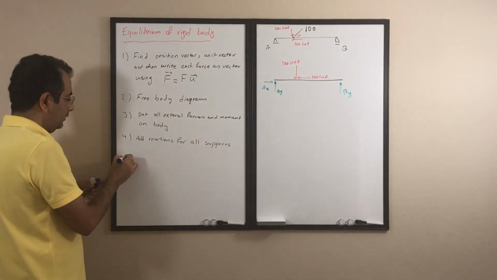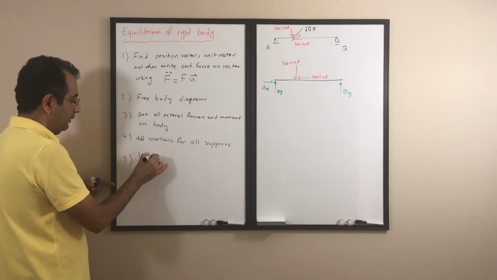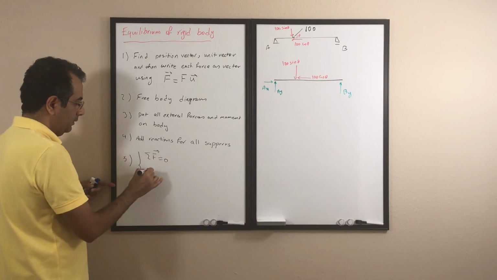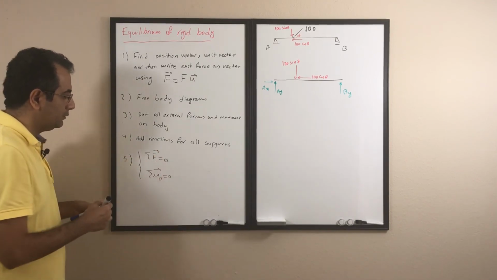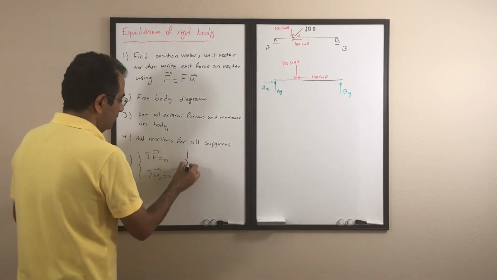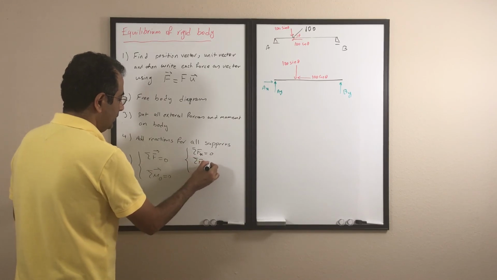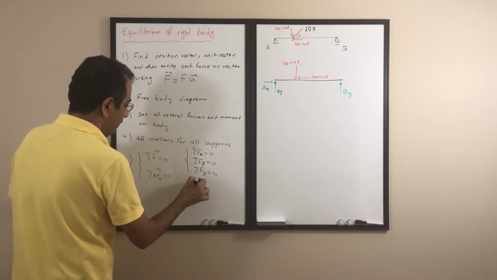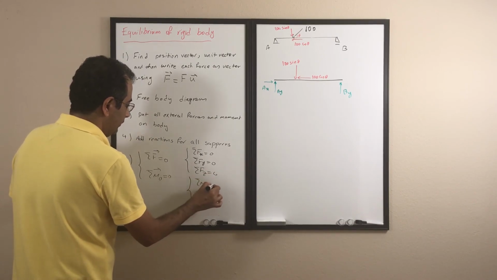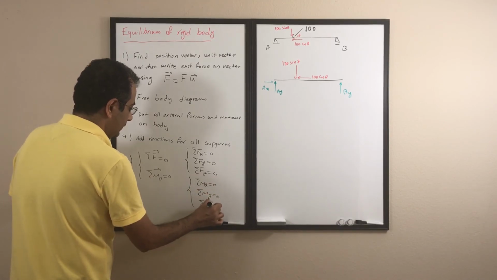and by the time you get there, you write the equilibrium equations in vector format, which is going to be sigma F is 0, and sigma M about any given point is 0. Solving those two equations eventually gives you two sets of equations: sigma Fx is 0, sigma Fy is 0, sigma Fz is 0, and sigma Mx is 0, sigma M about the y-axis is 0, and sigma M about the z-axis is 0.